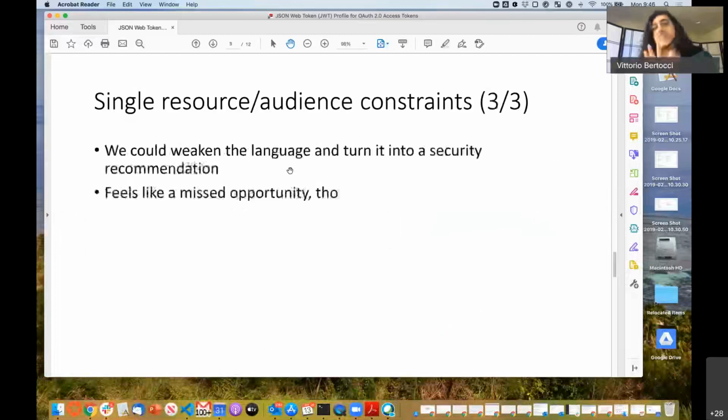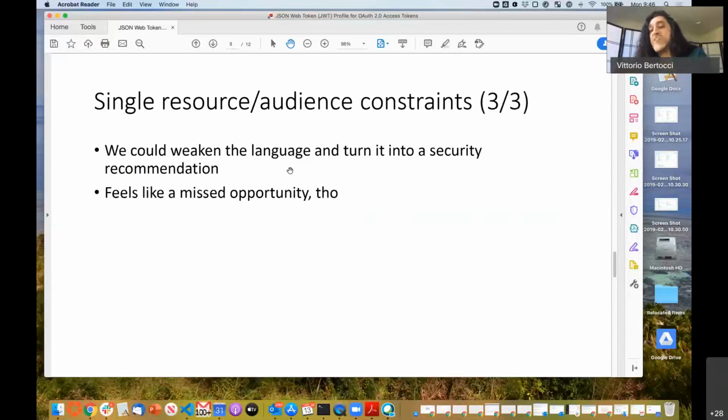Now, as I mentioned earlier, this is not a hill I'm willing to die on. So if you guys are pushing back and saying this is too restrictive, just turn it into a security consideration in which you warn people against the possibility of this scope confusion, then I'll do it, as long as there is enough popular support for that.